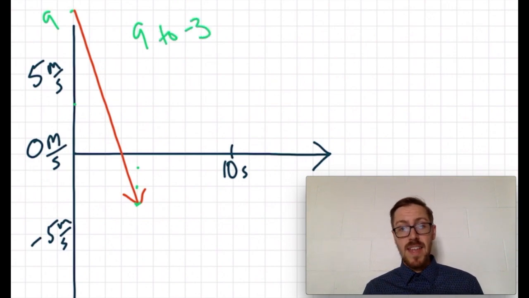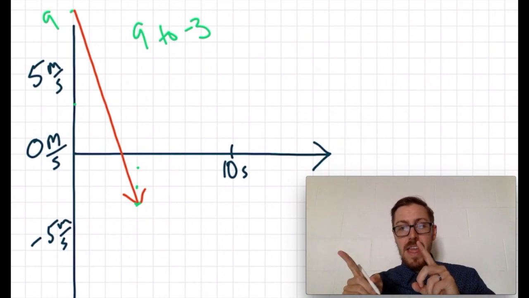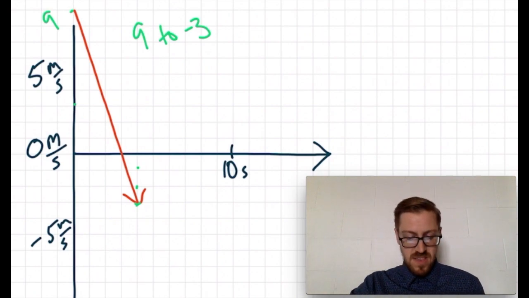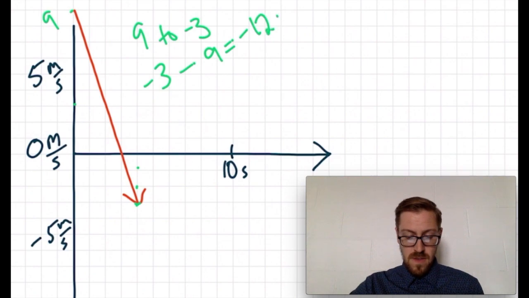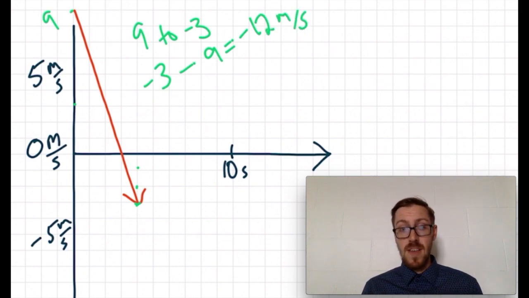To find the change, if you remember, we take the end minus the start. So this would be -3 minus 9. So our change in velocity would be -12 meters per second.